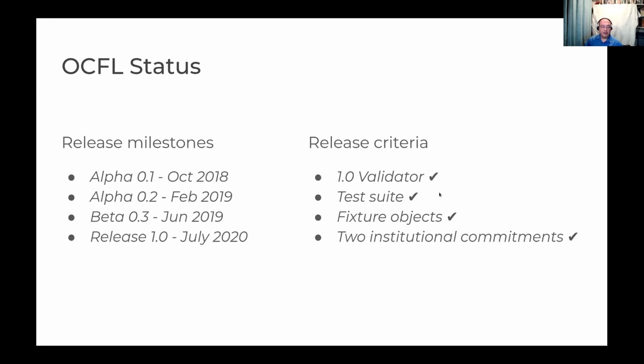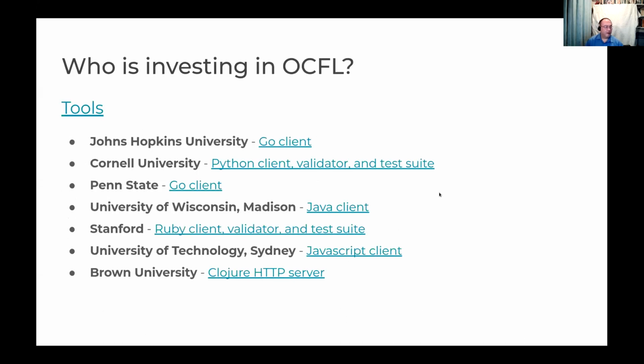Release criteria, which we've all met, is that we should actually have a validator code for the specification, a test suite and a set of fixture objects, and 2 institutional commitments to actually develop software around that. We have met that very well in spades.